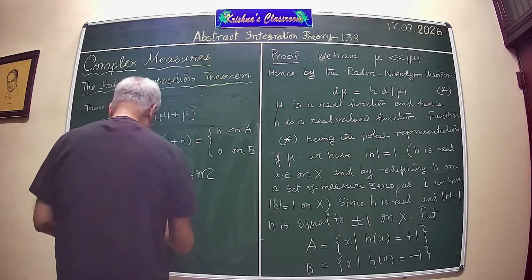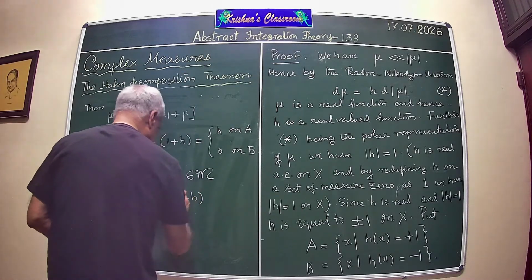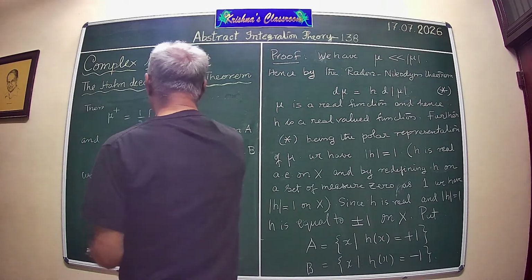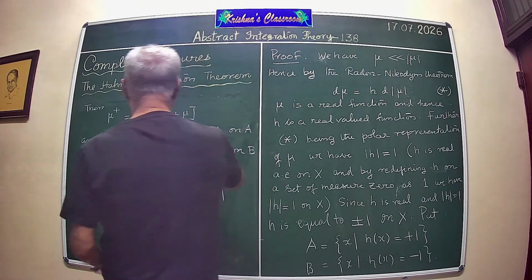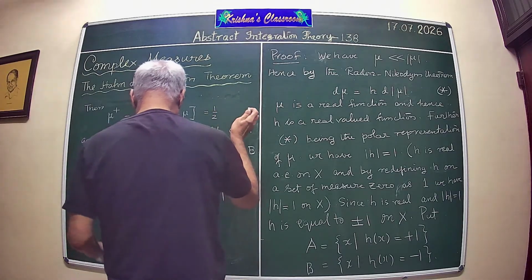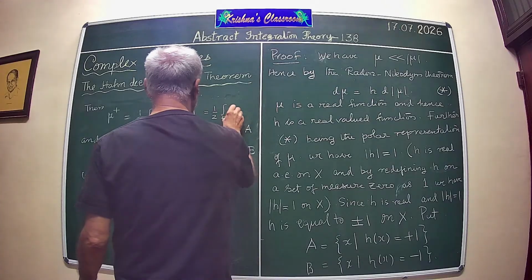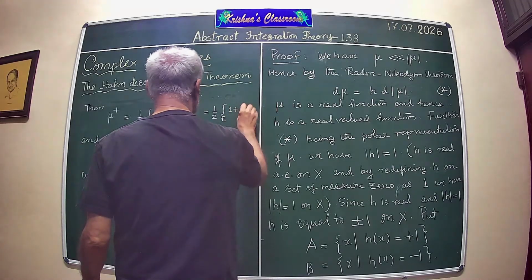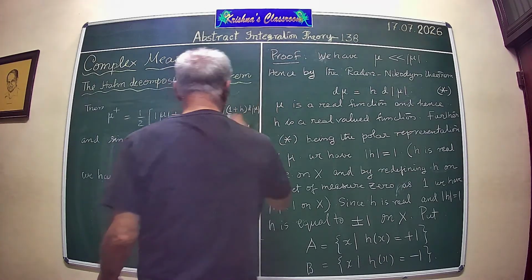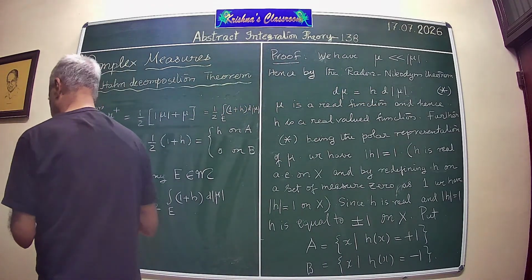Half of the integral, where this one corresponds to 1 and this one corresponds to h, comes from that representation.